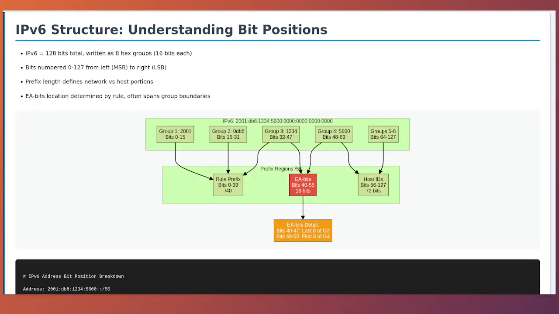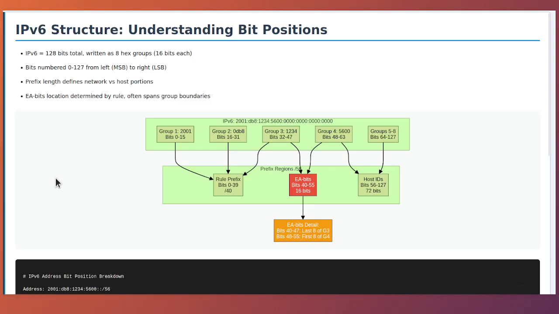IPv6 address structure and bit positions. Before we can extract the EA bits from an IPv6 address, we must understand how IPv6 addresses are structured at the bit level. An IPv6 address is 128 bits long, which we conventionally write as 8 groups of 4 hexadecimal digits separated by colons.